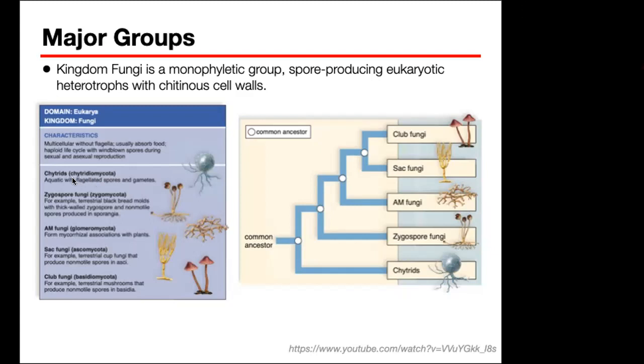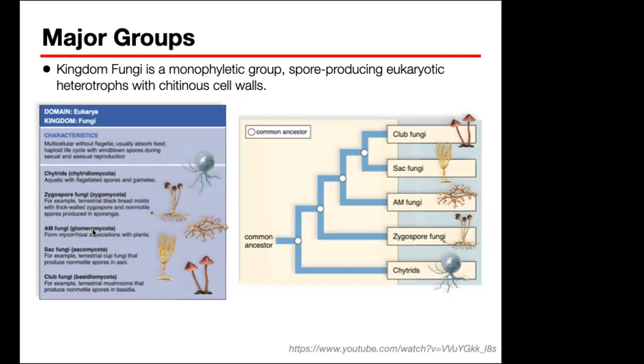For example, chytrids are chiefly aquatic and they have flagellated spores and gametes. Zygospores are more commonly known as our black bread molds. They have thick-walled zygospores and non-motile spores produced in sporangia.